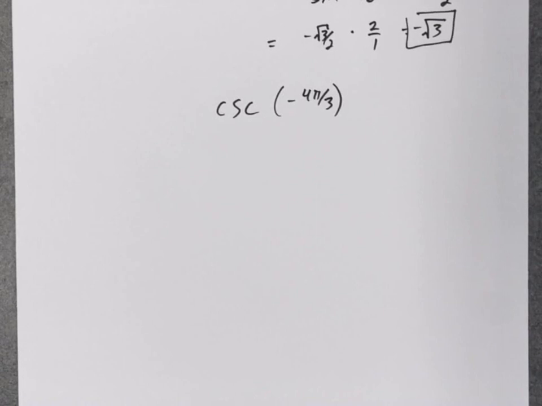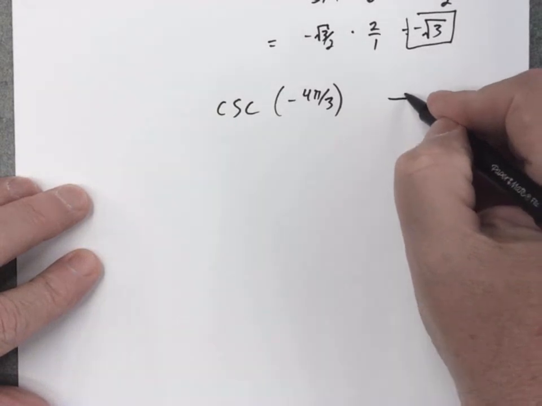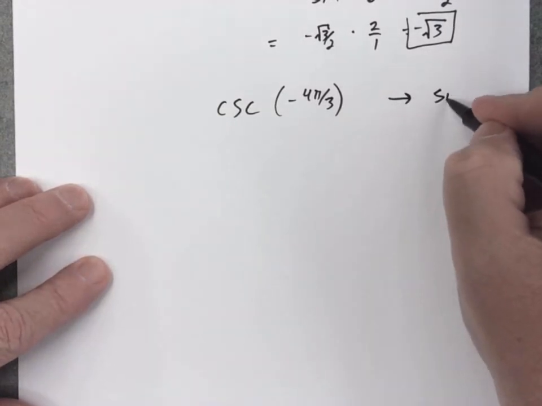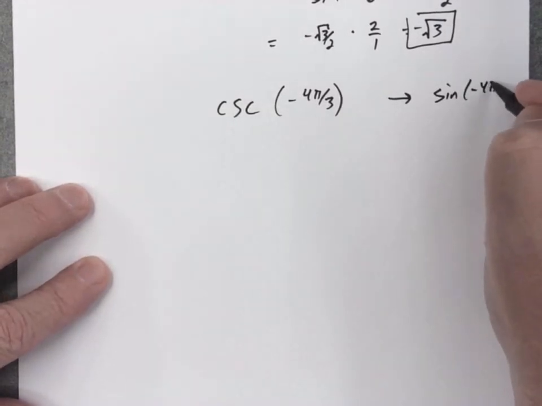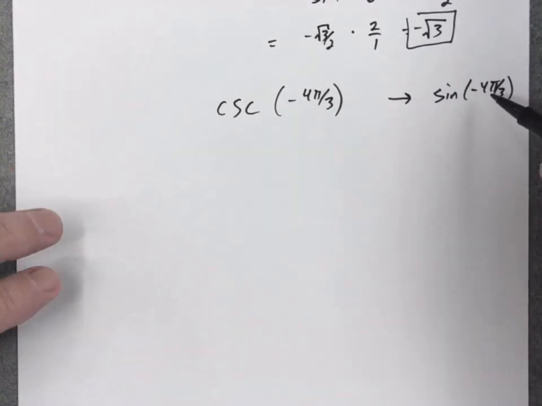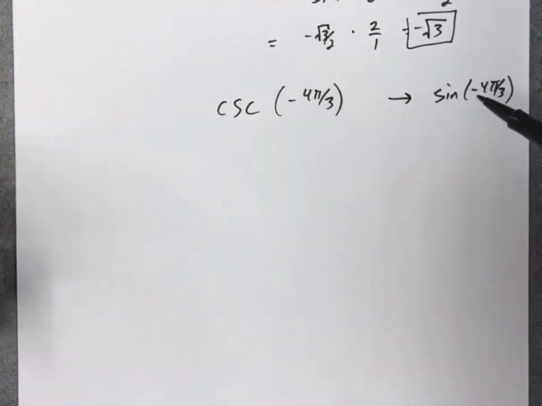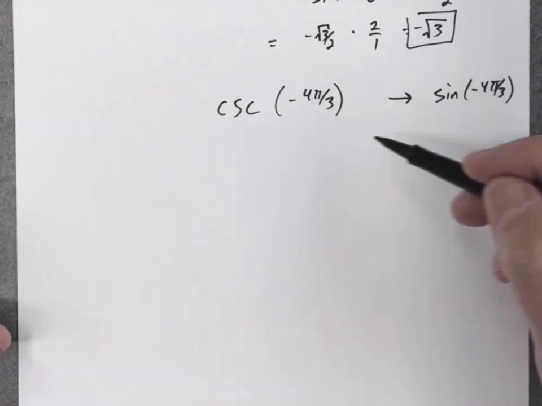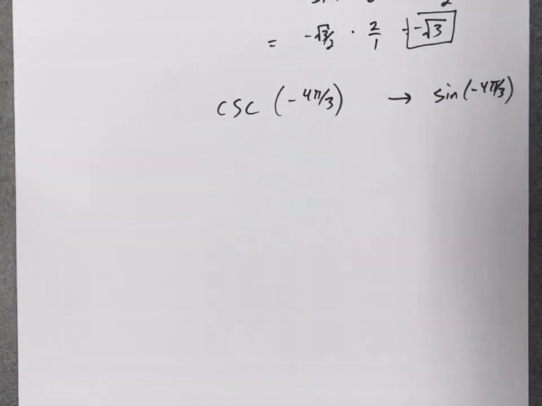Now what I'm going to do, since cosecant gets paired with the sine, I'm going to go look for the sine of 4 pi over 3. And then either, if it's a fraction, I can flip it to get the cosecant, or put it in the bottom to get the cosecant, whatever. I'll just see how it looks.